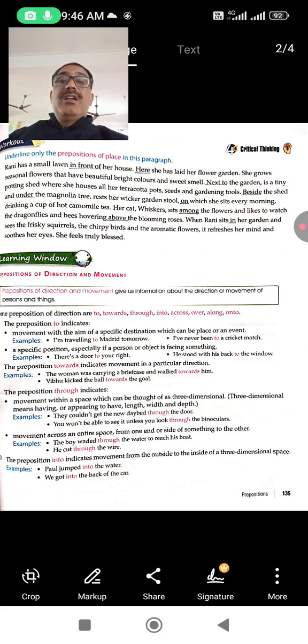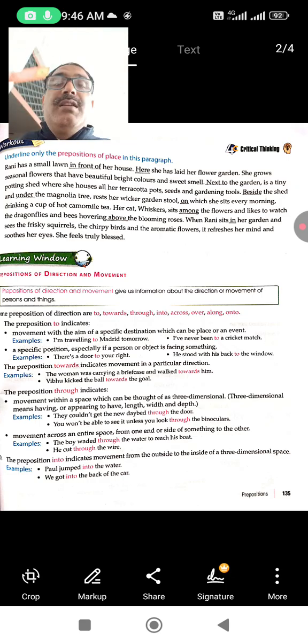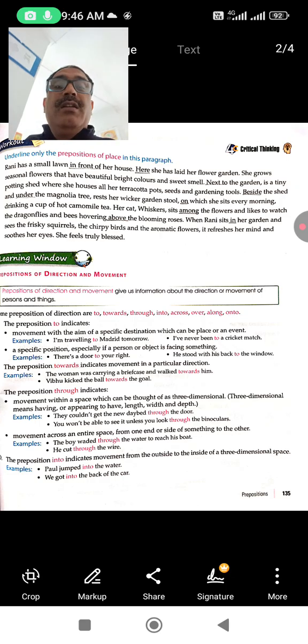Rani has a small lawn in front of her house. You can underline in front of. Here she has laid her flower garden. Here you can underline here. She grows seasonal flowers that have beautiful bright colors and sweet smell. In this line, I think there is no preposition.